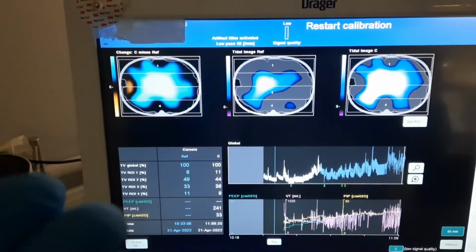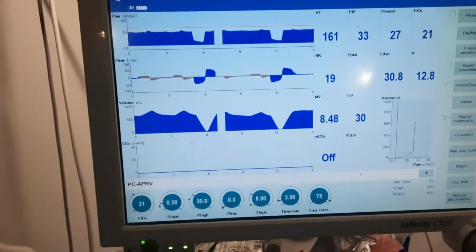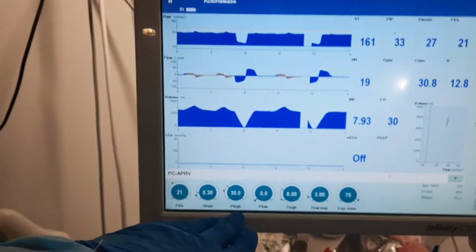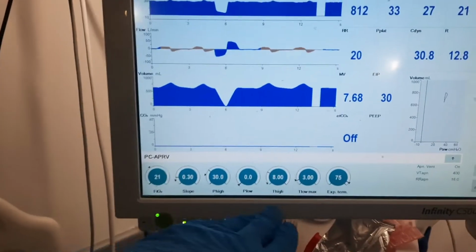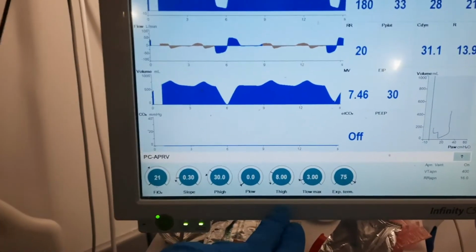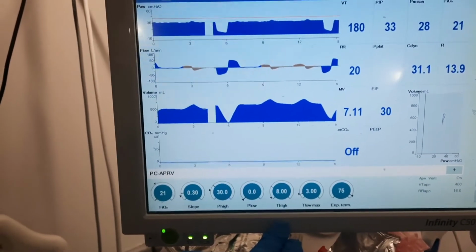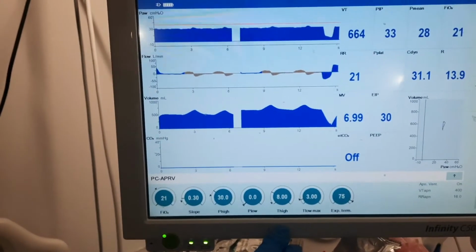But with APRV, we are able to benefit from true alveolar recruitment or lung recruitment because now we have the pressure that we have controlled, and we also have time, so that the slower recruiting compartments that require higher time constants can be recruited.